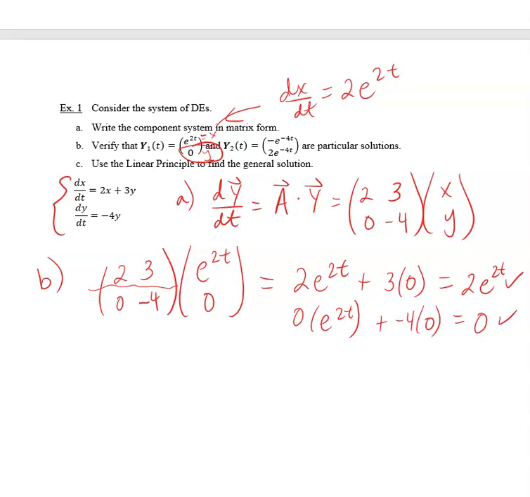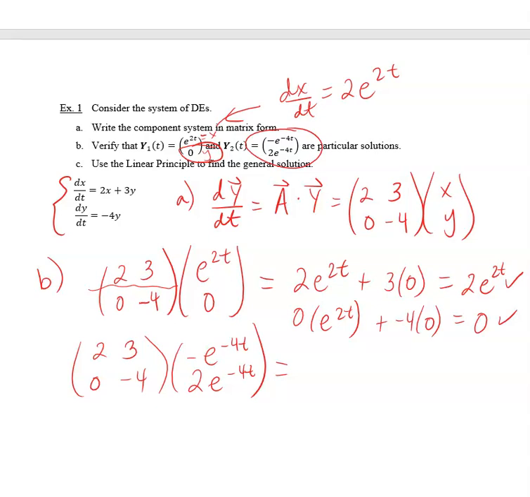Let's do the same thing with the other solution that they gave us. So I'm going to write 2, 3, 0, -4. And if I substitute in -e^(-4t) and 2e^(-4t) and then multiply that out, let's see what that gives us.